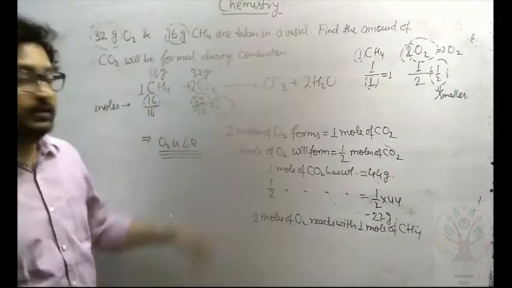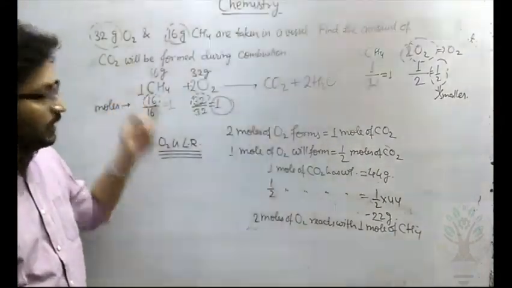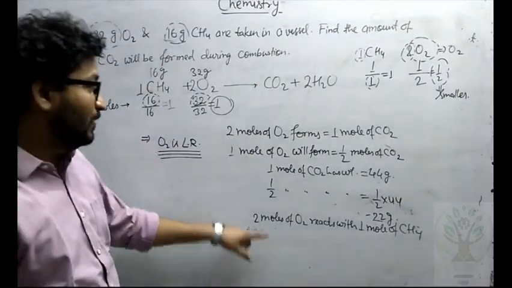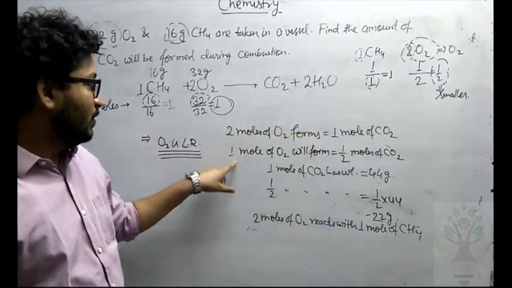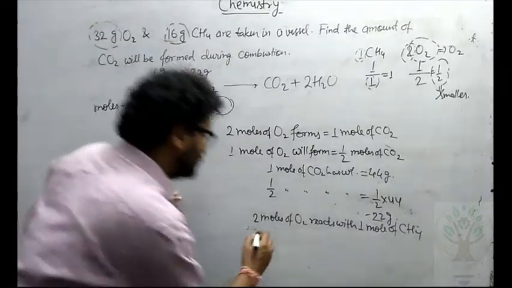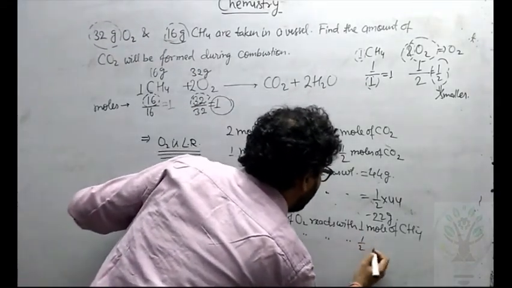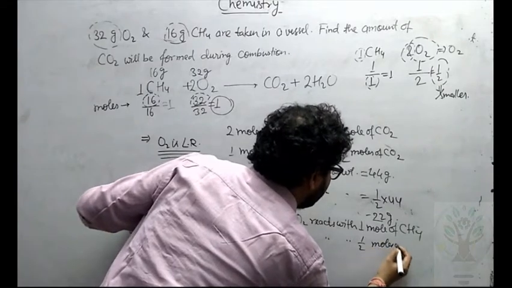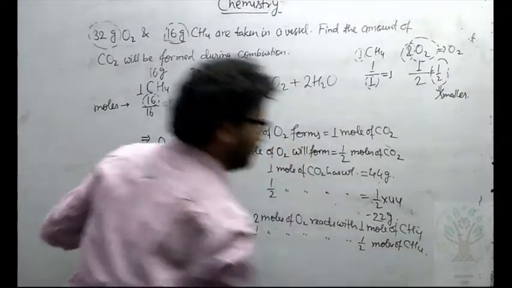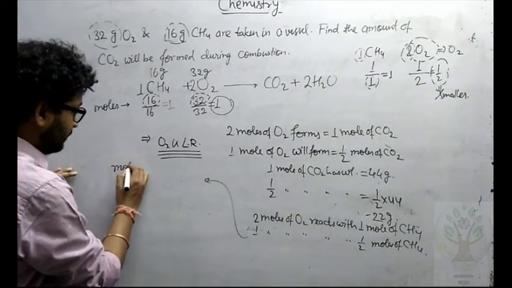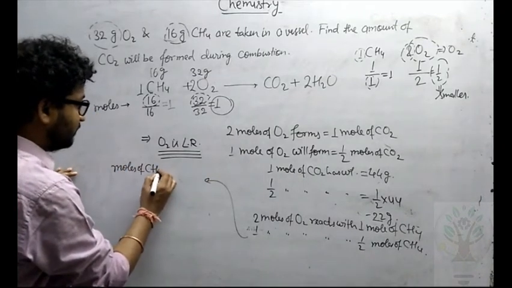Where is it written? It is written in the relation. But do I have 2 moles of O2? No, I have just 1 mole of O2 as I am very poor. So 1 mole of O2 will react with 1 upon 2 moles of CH4. Are you getting this? So from here I am writing moles of CH4 left.